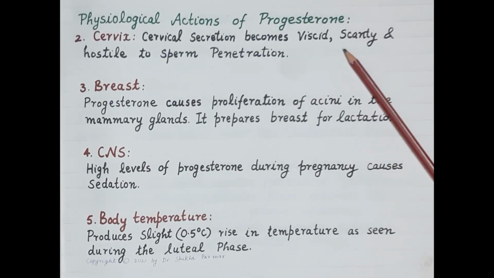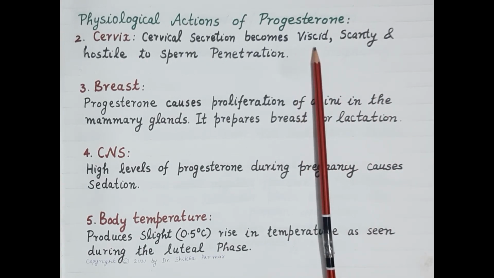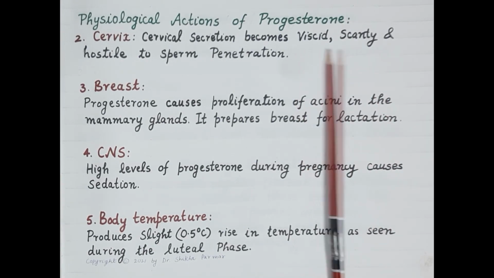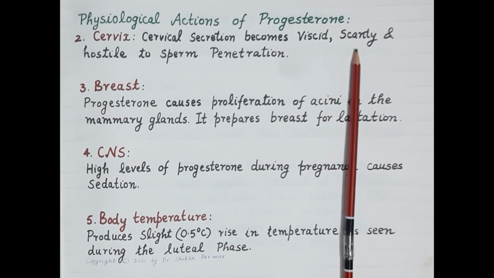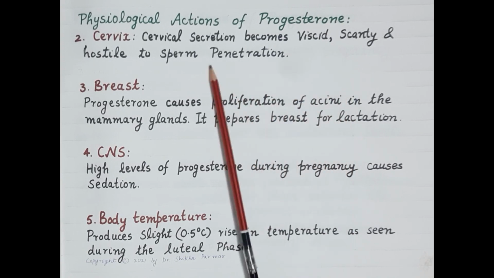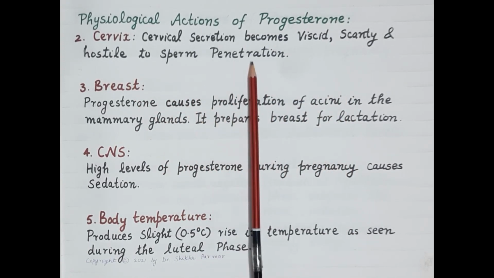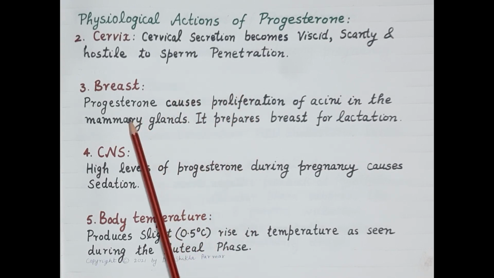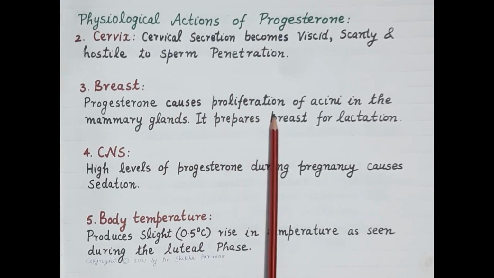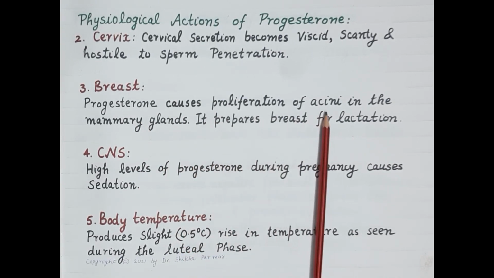Now, further, cervical secretion becomes viscid, that means it becomes very thick and scanty, and thus prevents sperm penetration. That is, cervical secretion becomes hostile to sperm penetration. Now, progesterone also causes proliferation of acini in the mammary glands, and the main function of these acini is to secrete milk during pregnancy.